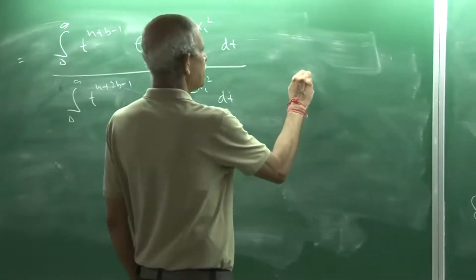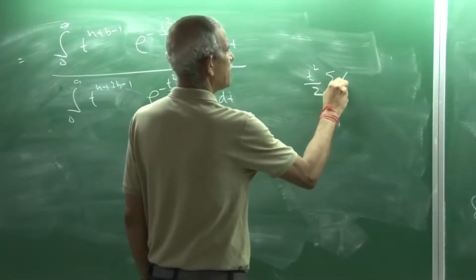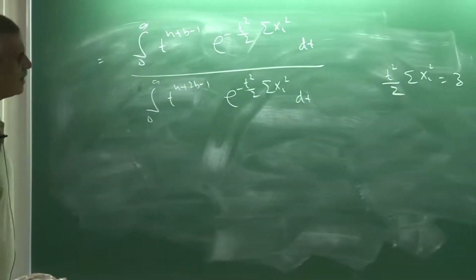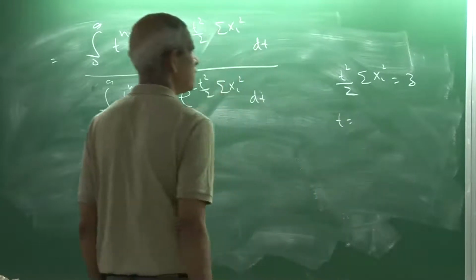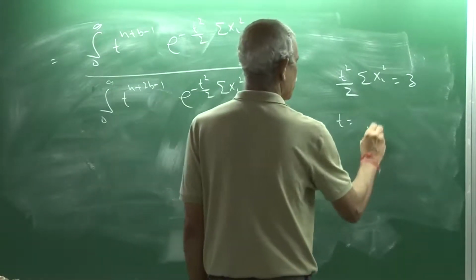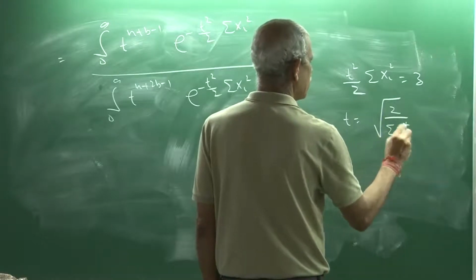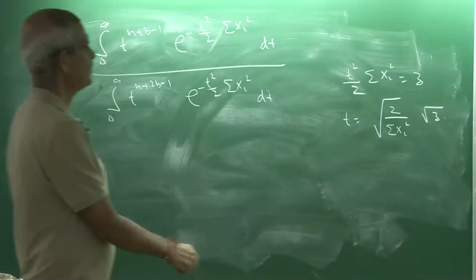So I make the transformation t square by 2 summation xi square, let us say as z, right? Or in other words, t as square root of 2 by summation xi square times root z. Is that okay?